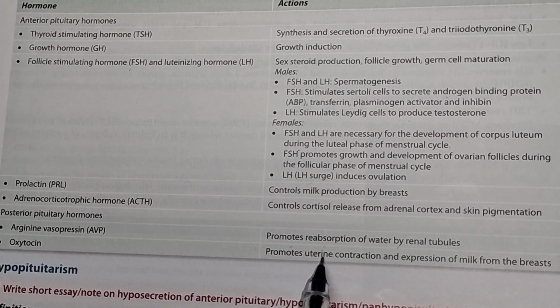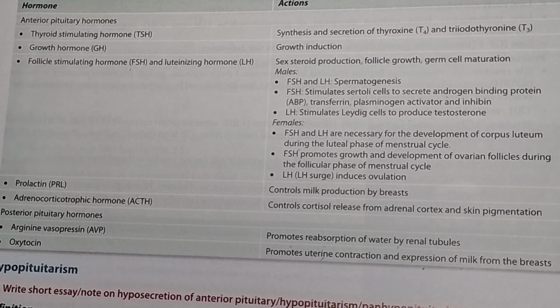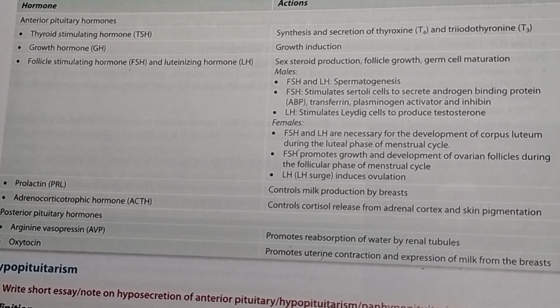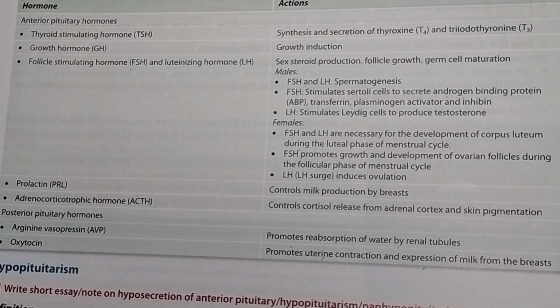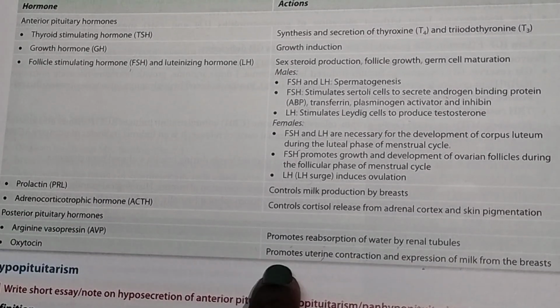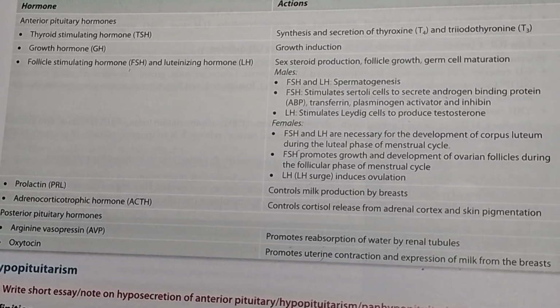It promotes uterine contraction and expression of milk from the breast. After a baby is delivered, there are hormones which help secrete milk, and oxytocin helps in that. It is very prime and very important.